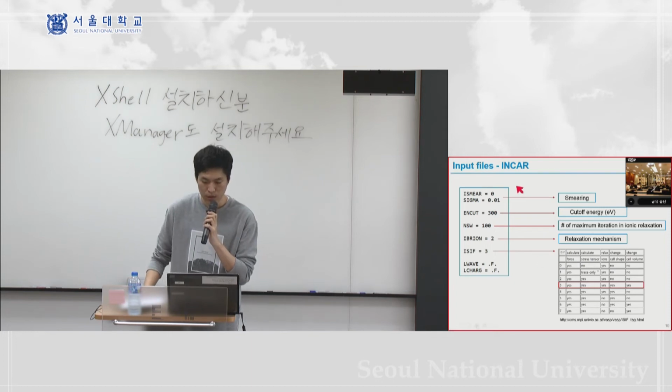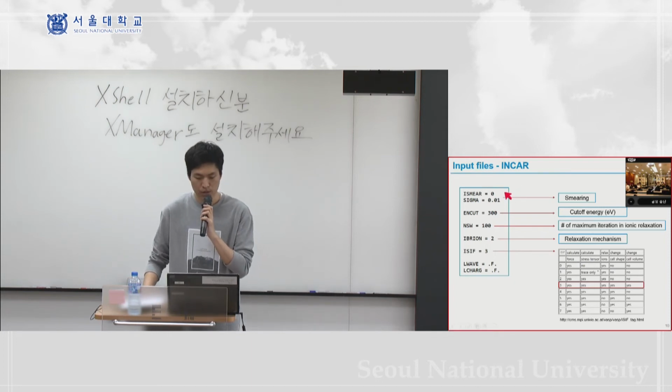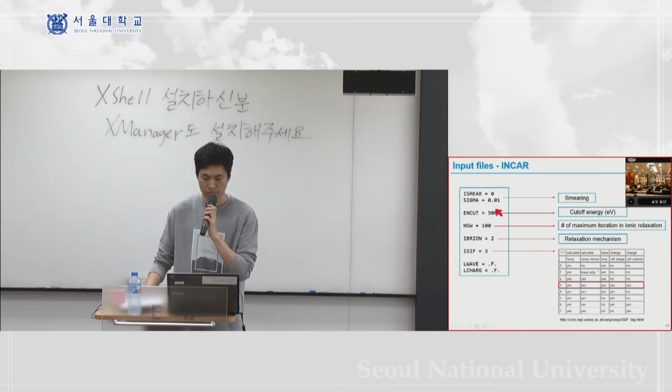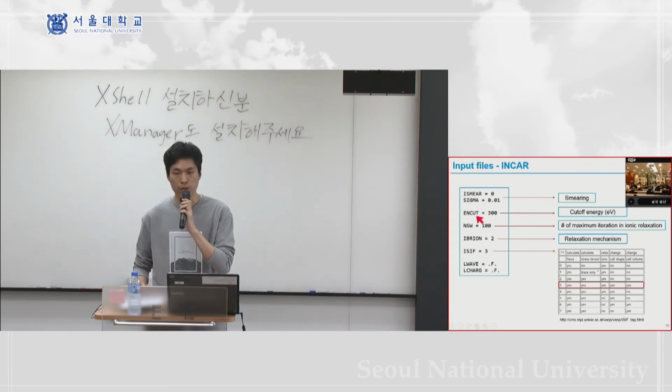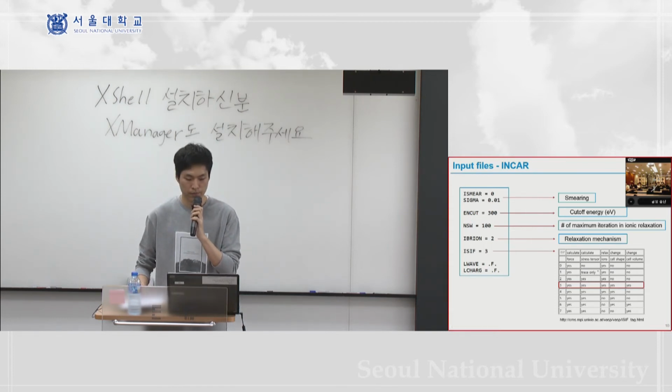For an insulator or semiconductor, we recommend using ISMEAR = 0, which is Gaussian smearing, and SIGMA = 0.01. ENCUT specifies the cutoff energy we are using in this simulation. And NSW means the maximum number of iterations in ionic relaxation.